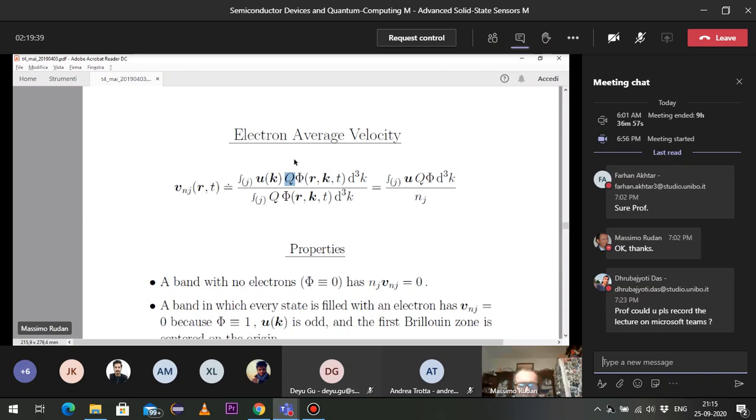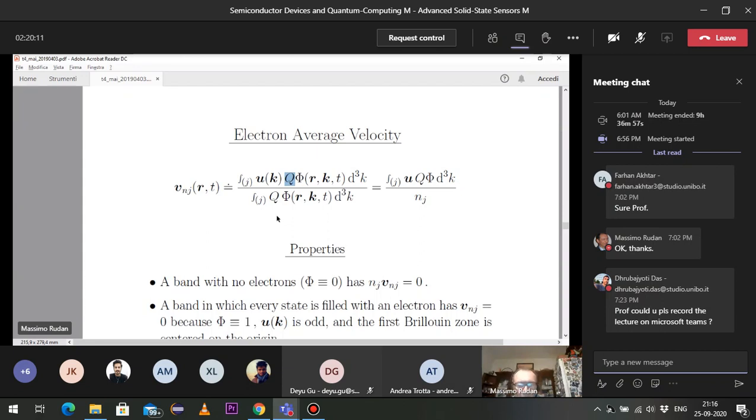You can see from the ratio of the two integrals that this is equivalent to taking the average of u. So this is by definition the average velocity of the electrons of band number j, because it is the integral of u with the probability normalized to the integral of the probability.